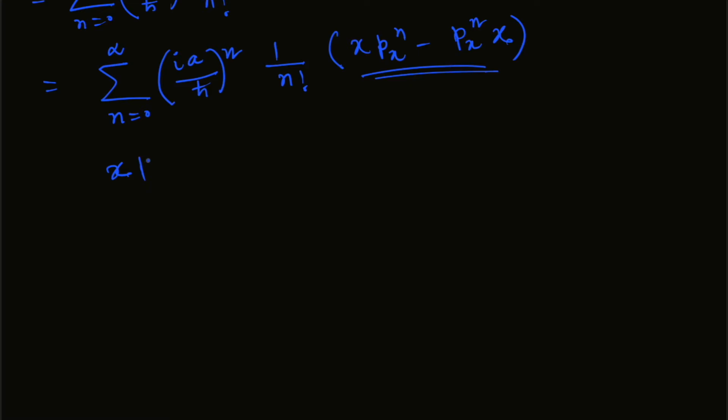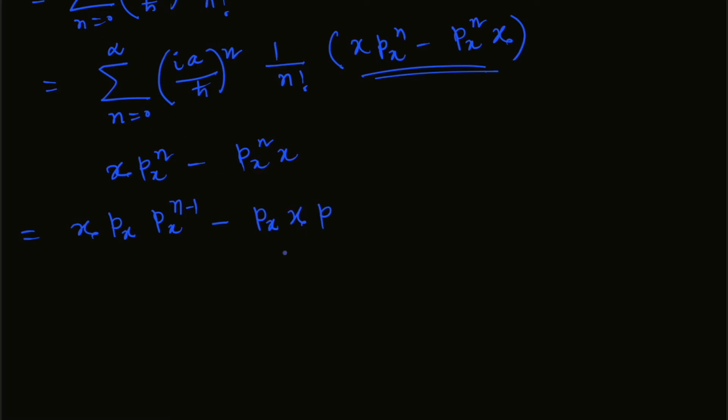X px to the power n minus px n x can be written as x px n minus 1 minus px x.